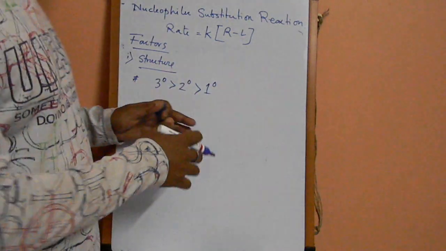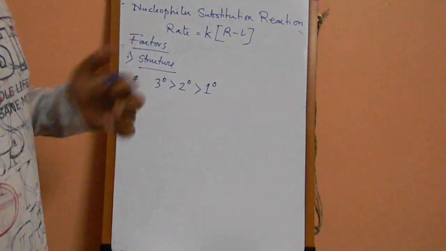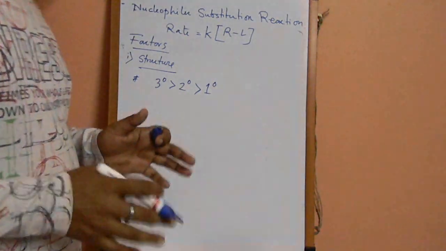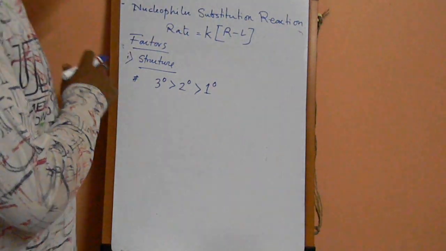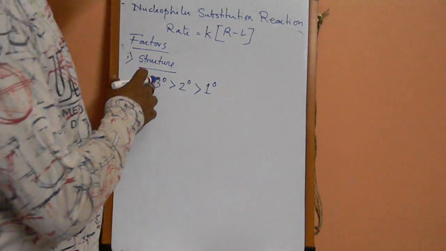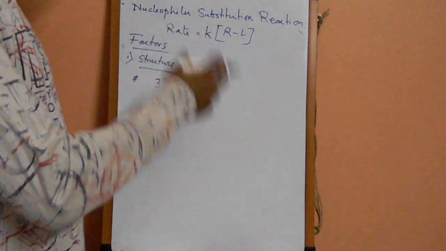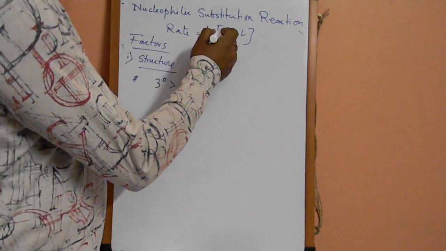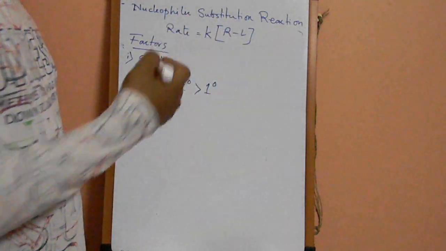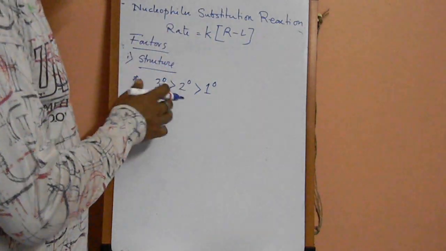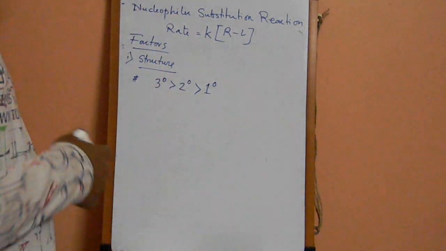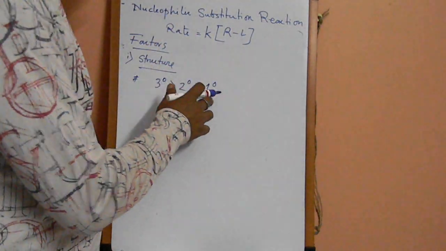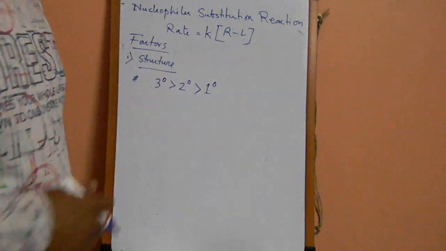And there are some very stable carbocations also. We are not going into detail of the carbocation, but the important thing is, because of this order of stability, 3 degree or tertiary halides, if the R is a tertiary alkyl group, prefer to undergo SN1 reaction faster compared to the primary halide or secondary halide.